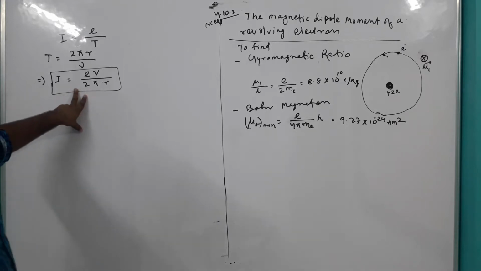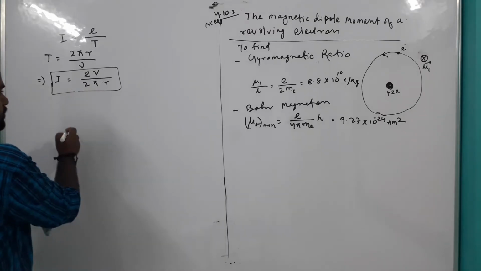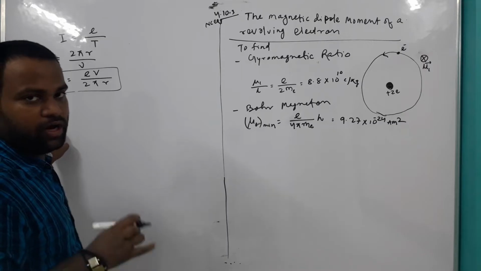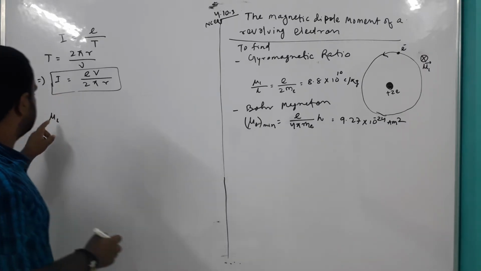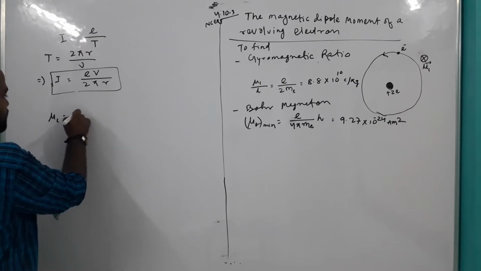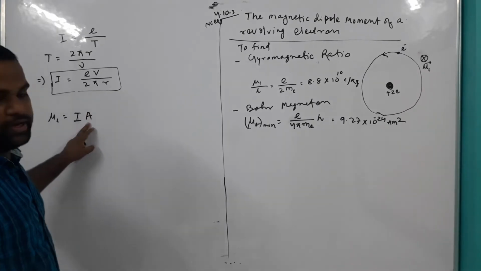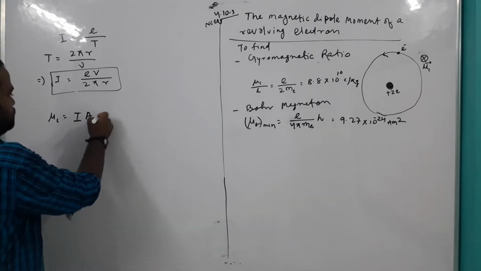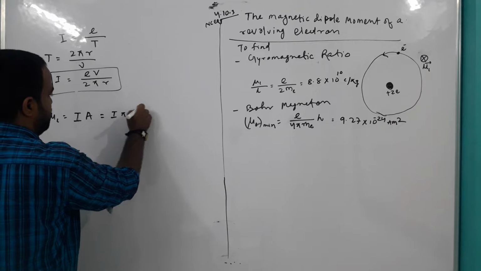Now, from the definition of magnetic moment, mu L, where L stands for orbital or angular momentum, the magnetic moment is current into area of cross section, I A. So I can write I times pi r square.